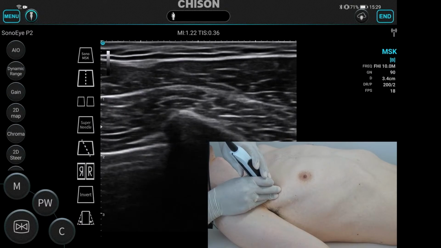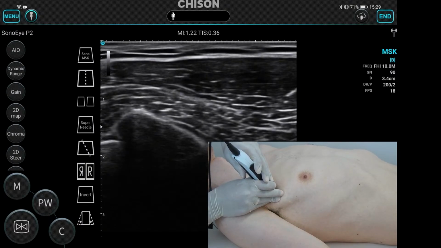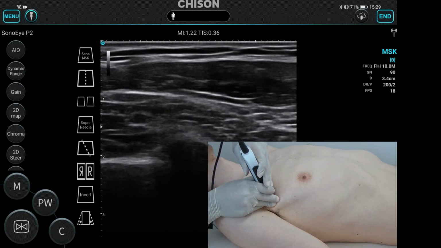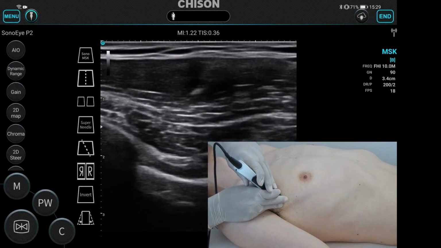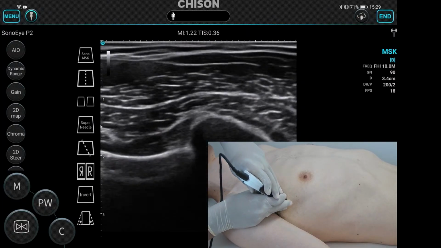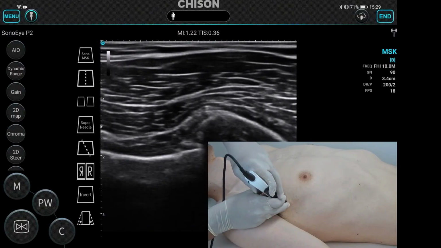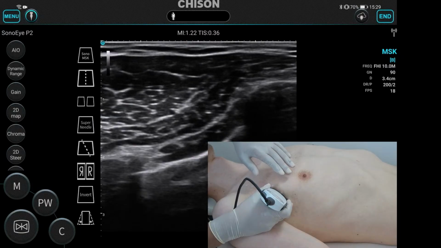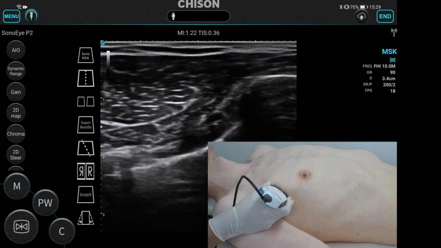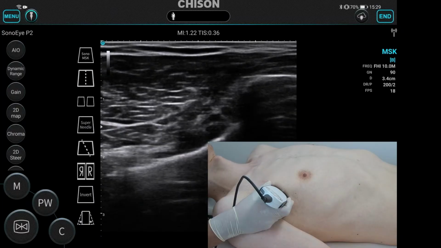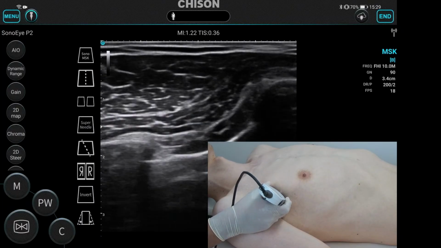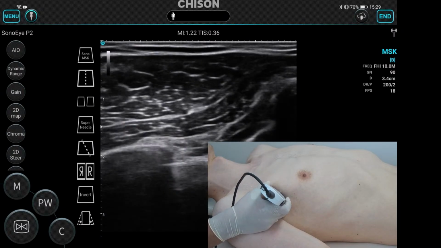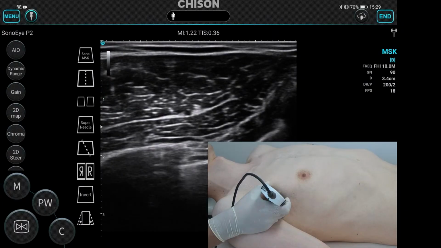Now if we keep moving, over here we can see three planes, the third muscle coming into the picture. We can see the thoracoacromial artery pulsating in the middle. We can see the PEC major muscle, and the PEC minor muscle, and that will be the position for your PEC 1 block majorly.